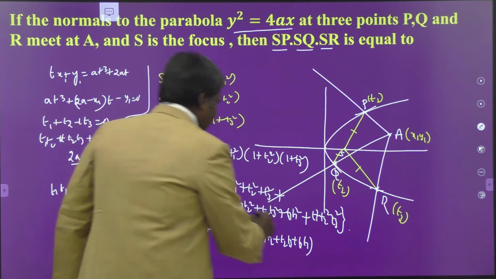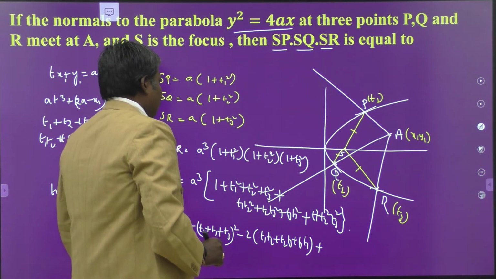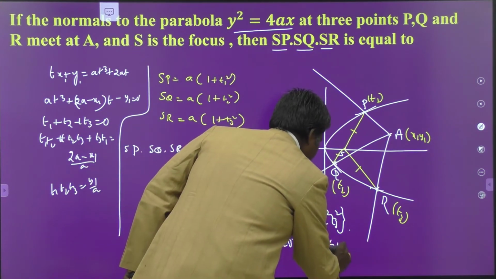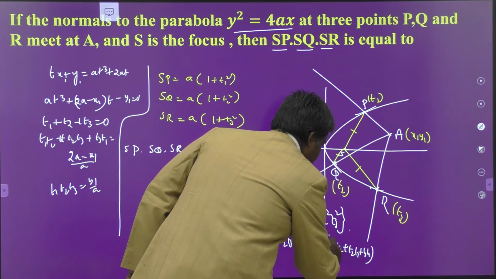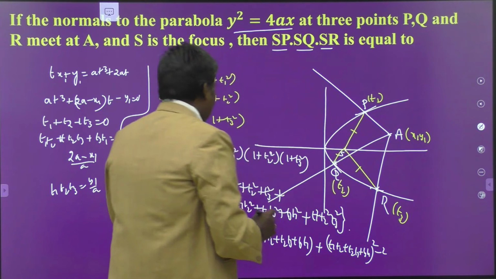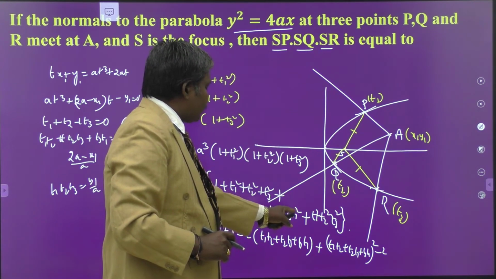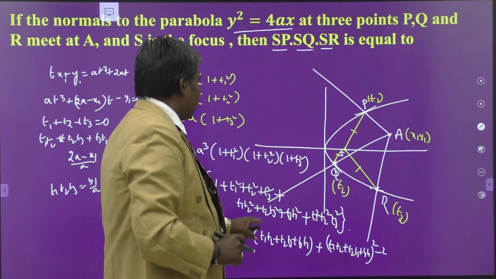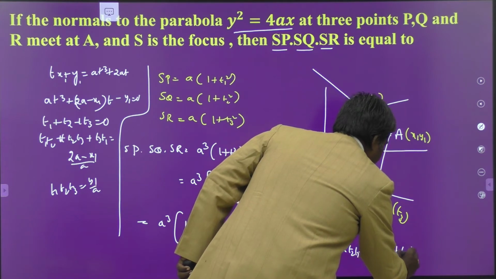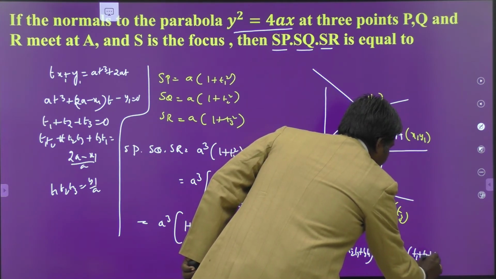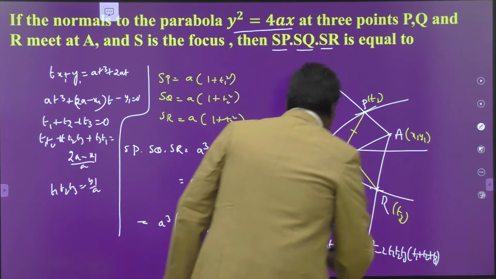Again, this can also be written as (t1 t2 plus t2 t3 plus t3 t1) whole square minus 2 times t1 t2 t3 times (t1 plus t2 plus t3) plus (t1 t2 t3) whole square.